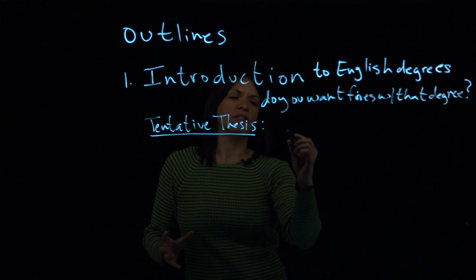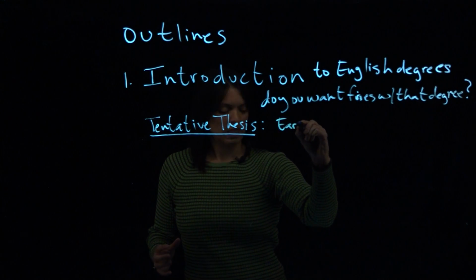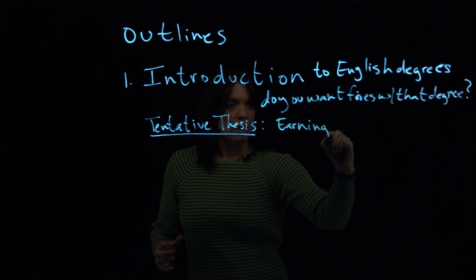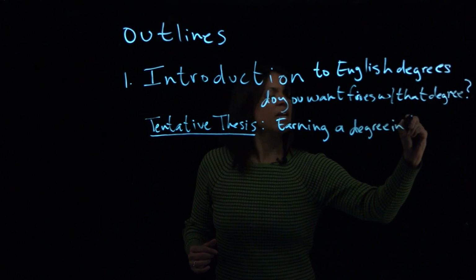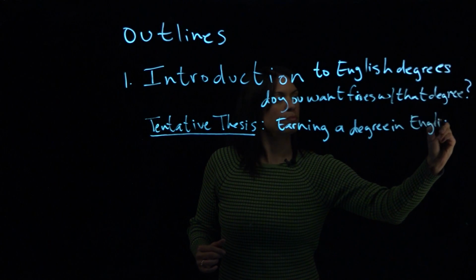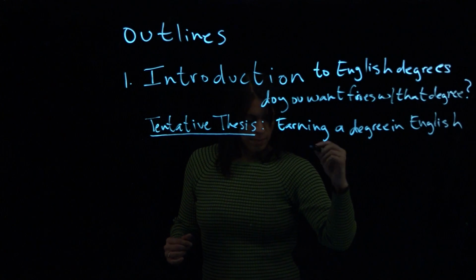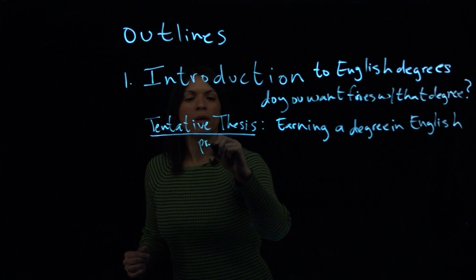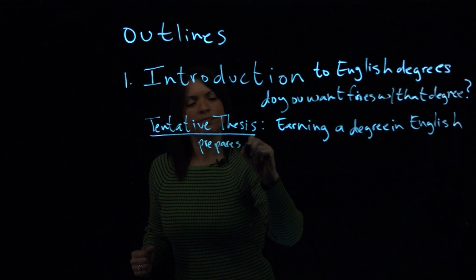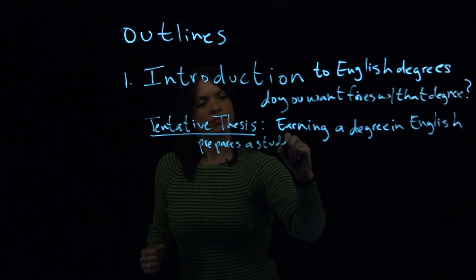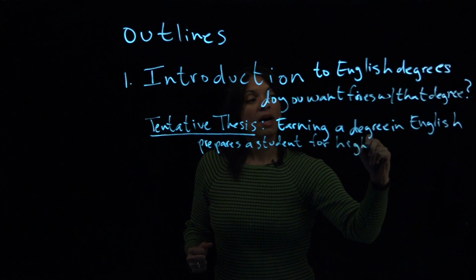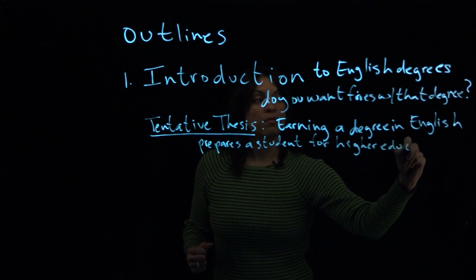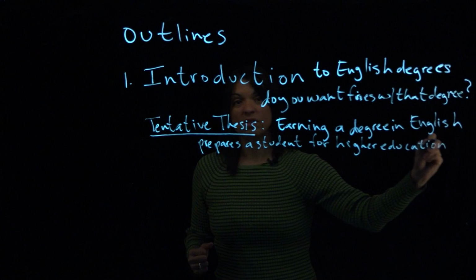So I might have a tentative thesis, something like this: earning a degree in English prepares a student for higher education, because one of the goals might be that you want to keep on going to school.